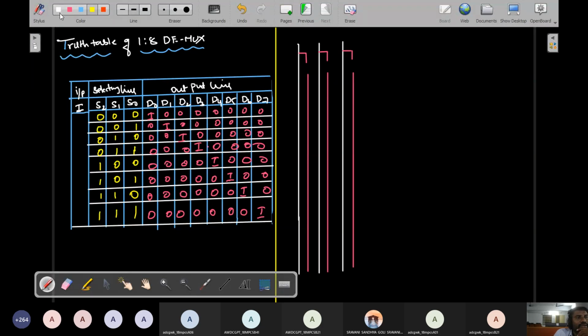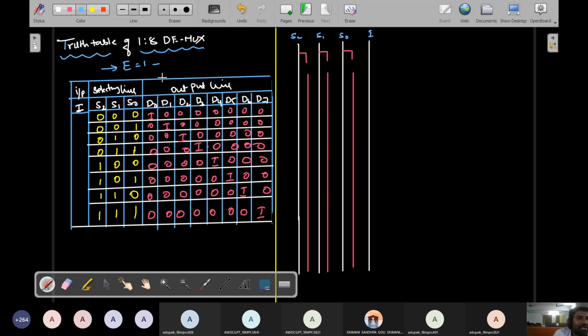Okay, so after that, using input data, this is the input I. We are representing this as S2, this is S1, this is S0, and this is the input I. Enable is always in the high condition, one only.